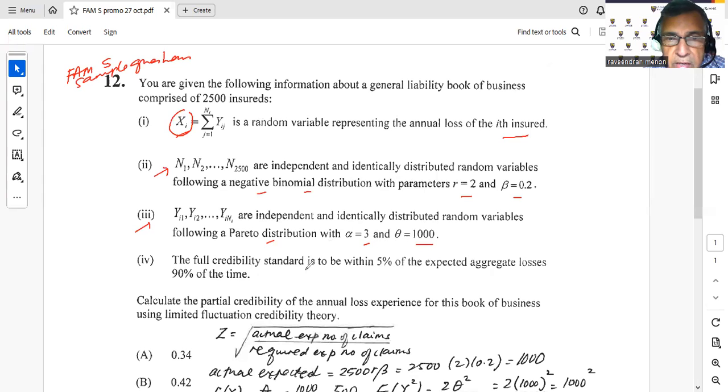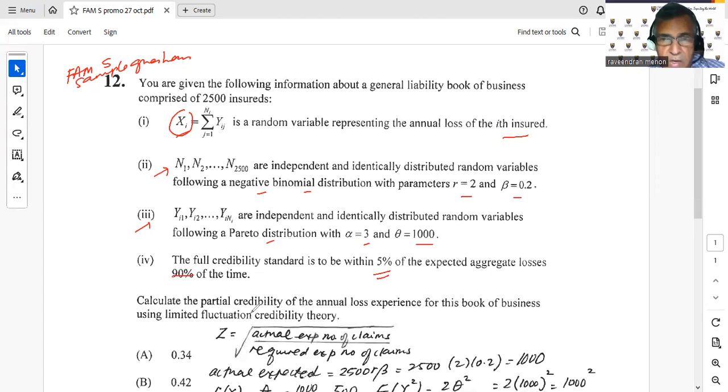The full credibility standard is to be within 5% of the expected aggregate losses, 90% of the time. So you know what numbers you're going to get from here.